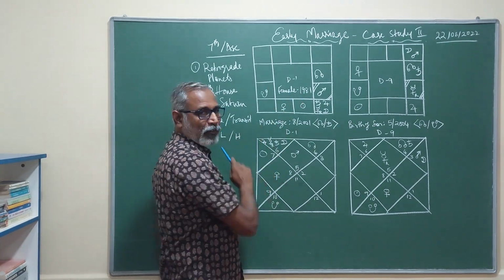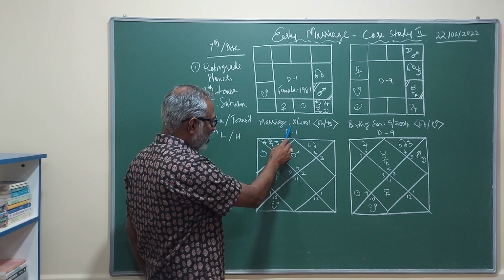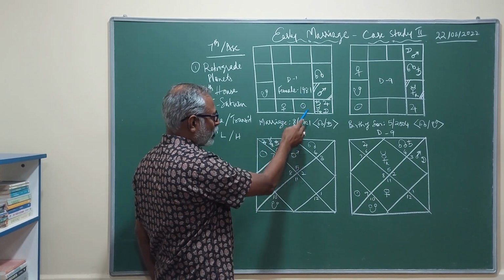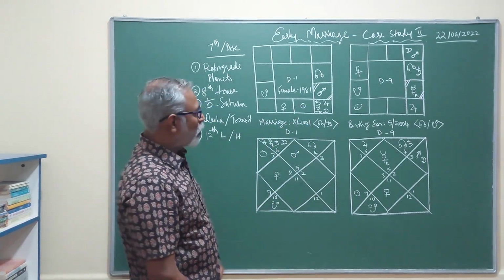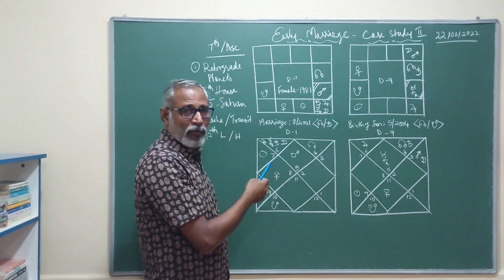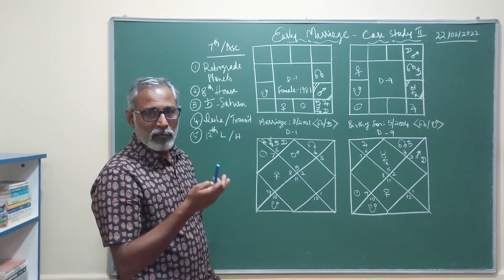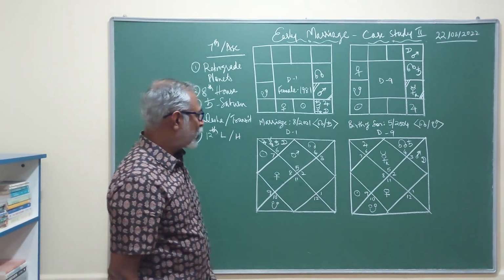This female was born in the year 1981. The marriage happened in 2001 when she was only 20 years old. That's a young age, early marriage. In this modern world, we consider this early marriage.